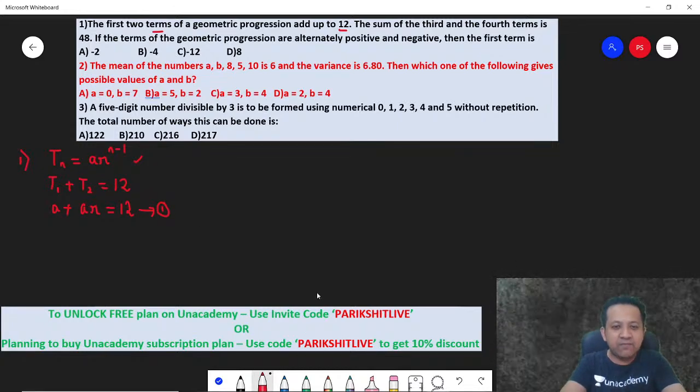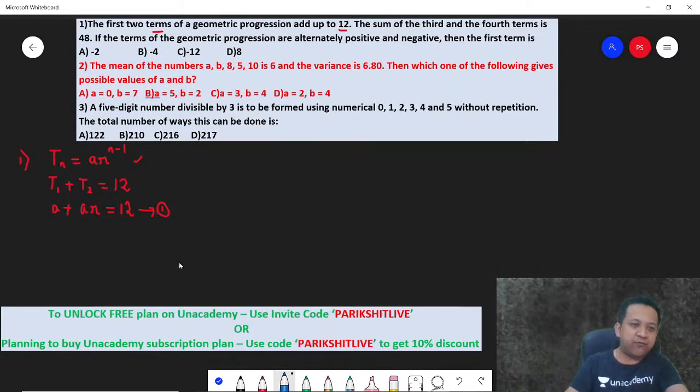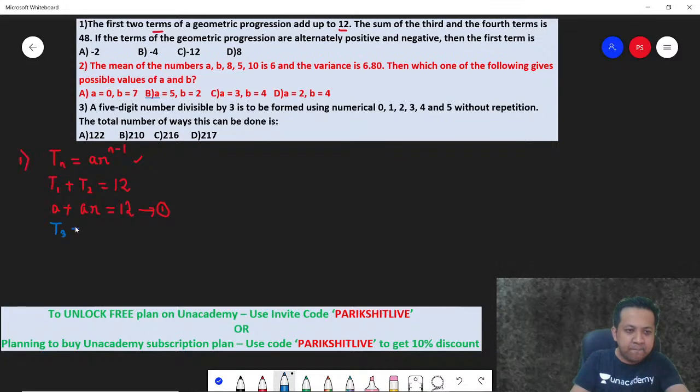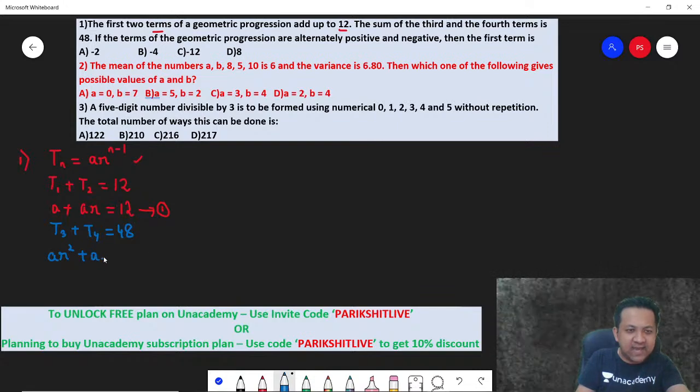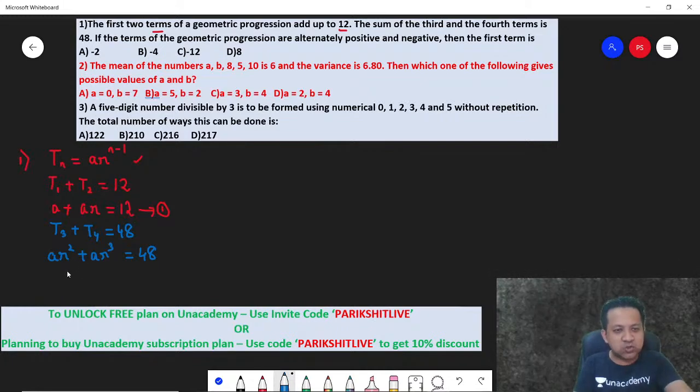Next, the sum of the third and the fourth terms is 48. So can I say T3 plus T4 is equal to 48? If that is the case, AR square plus AR cube is equal to 48. I think you can take R square common.